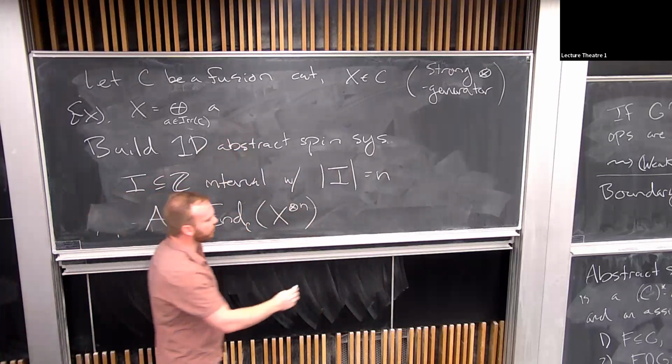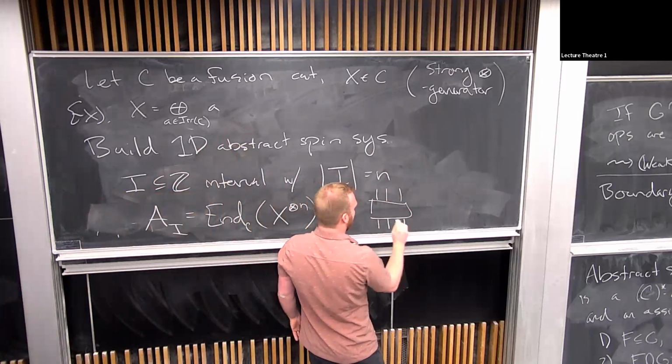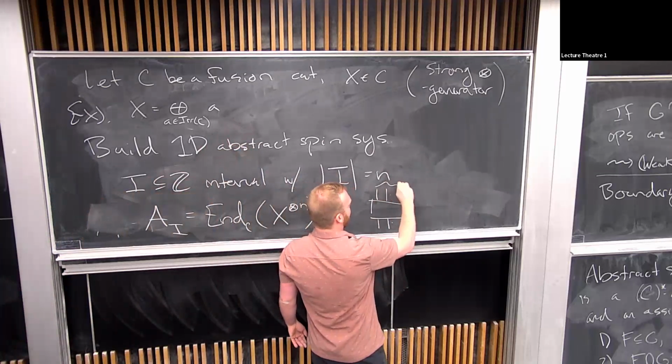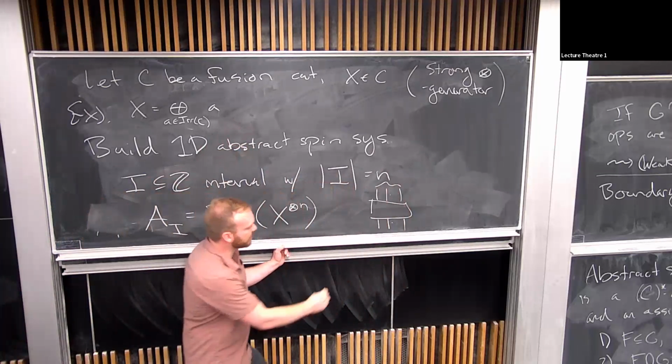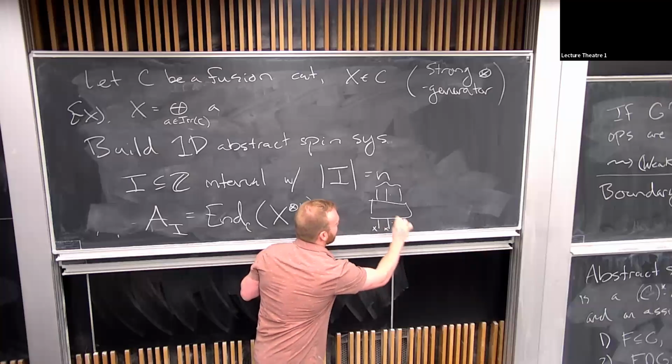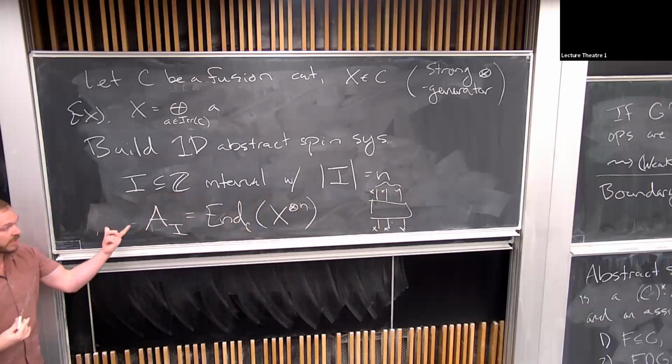So if you like pictures, I'm just taking these pictures. I have n things here. Oh, look, the n match. Great. So it's just the things I can draw with this, and the strings are all labeled by the same object x. So this is the algebra I'm going to assign to an interval.